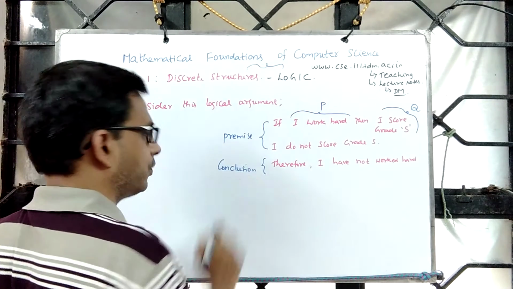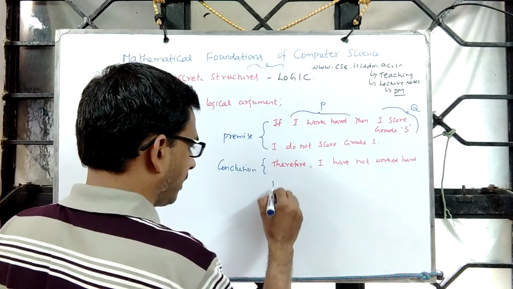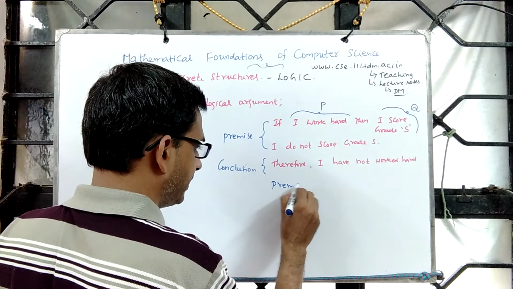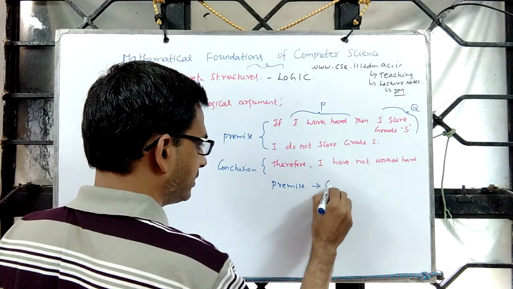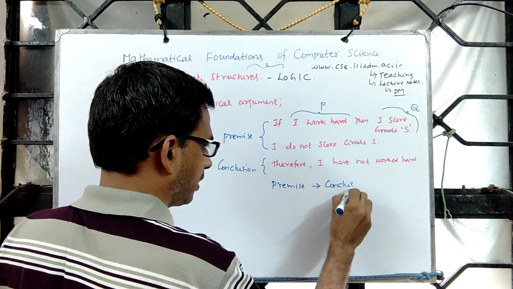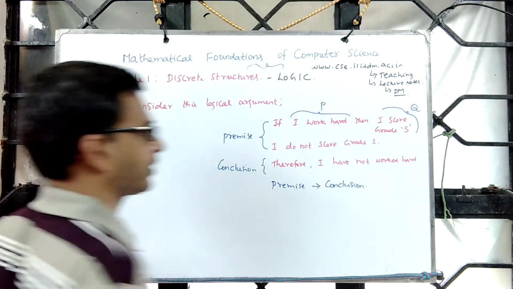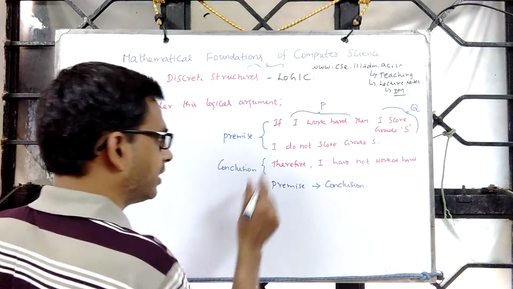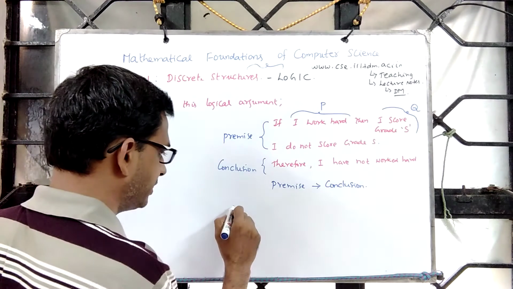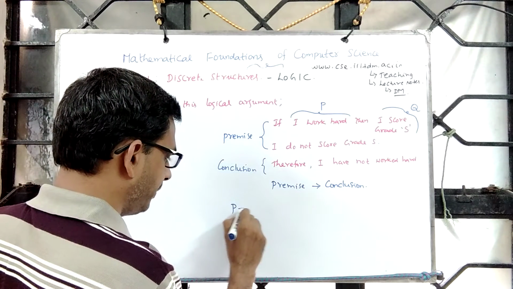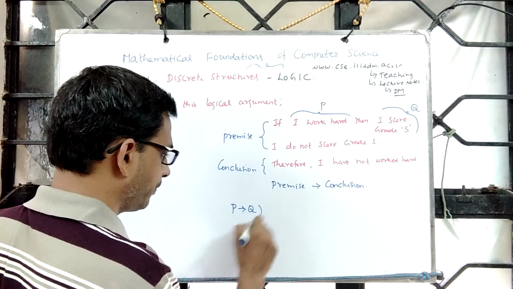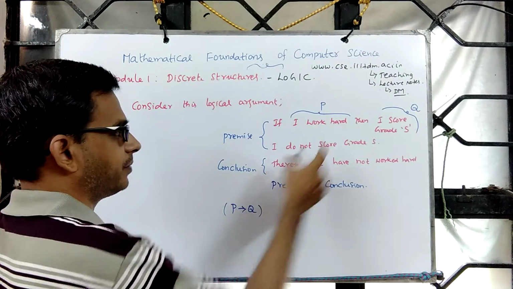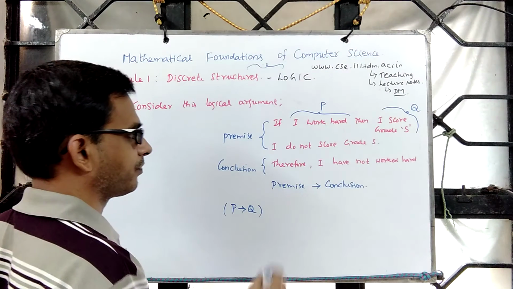What is it that we want to know? Does the premise imply the conclusion? Meaning, translate this into logic. P implies Q precisely represents the first statement.